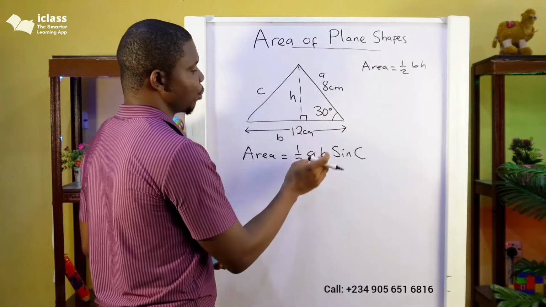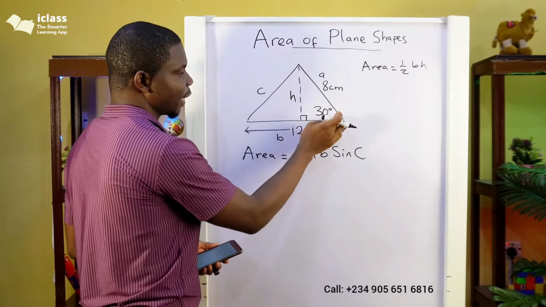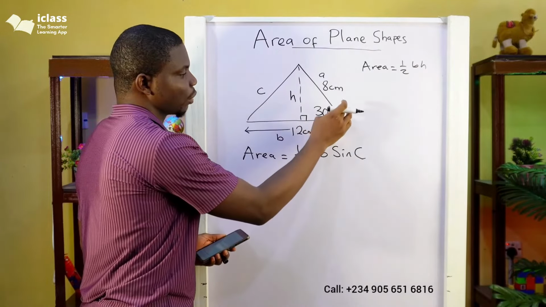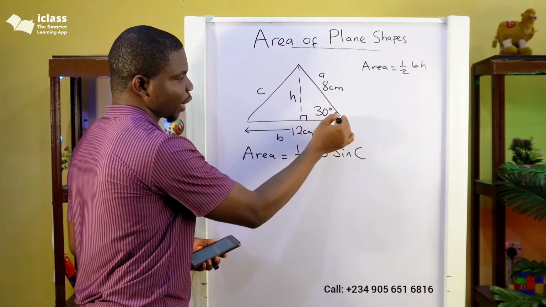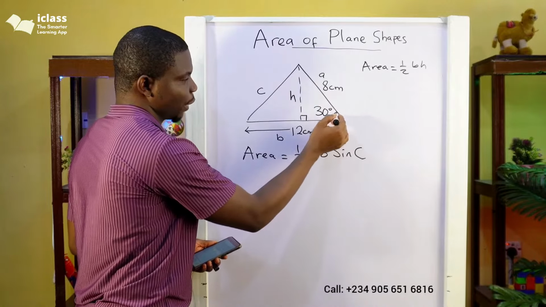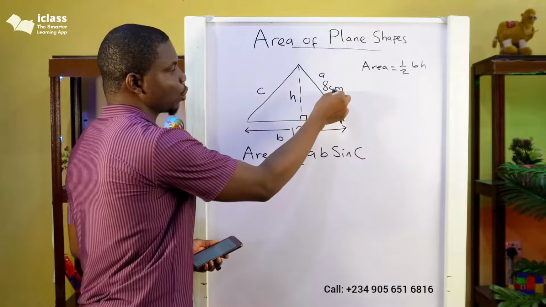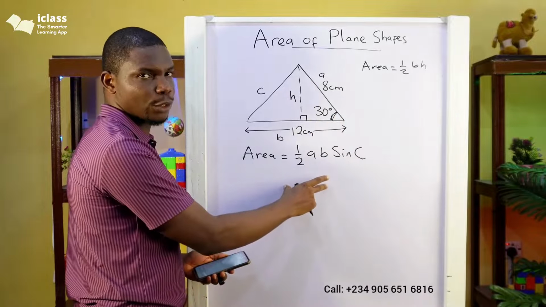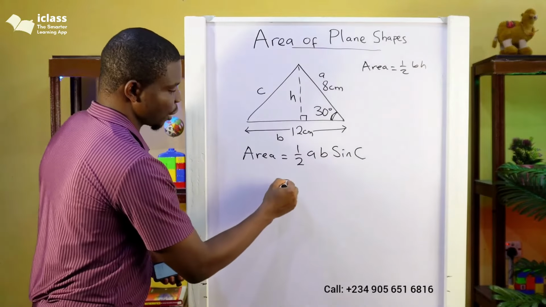So when you have two sides, this side and this side, and an included angle, included means the angle that is formed from the two sides, where the two sides join, that angle is called included angle. So if you know two sides and an included angle, then you can use this formula to calculate the area of a triangle. So let's use this formula.